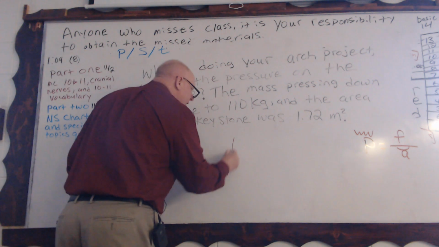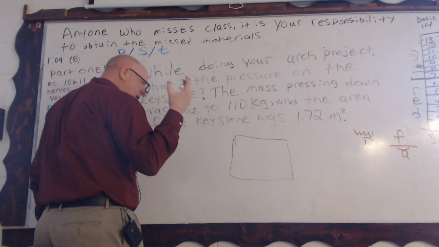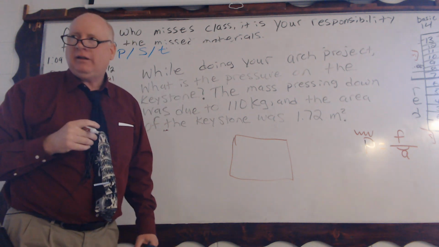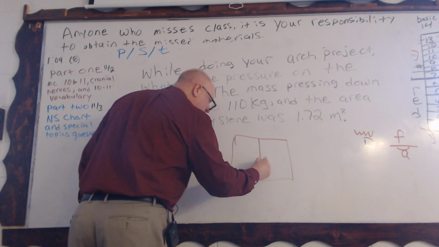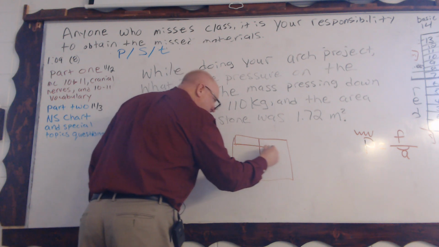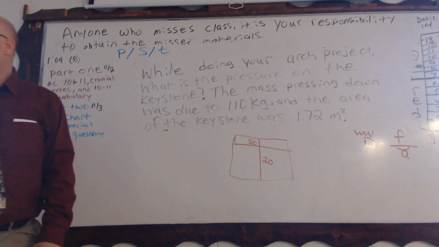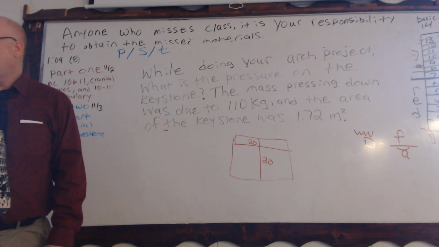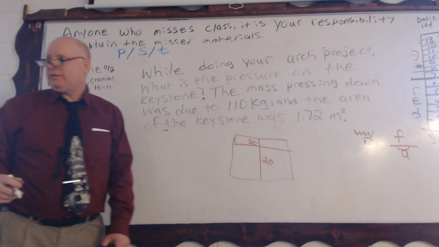So this is what we're talking about. Now, I'm just drawing this, and I understand it's not a perfect box. If it is 20 feet in this direction, and if it's 20 feet in this direction, what's the square footage inside of there? What'd you say you did with those two numbers?